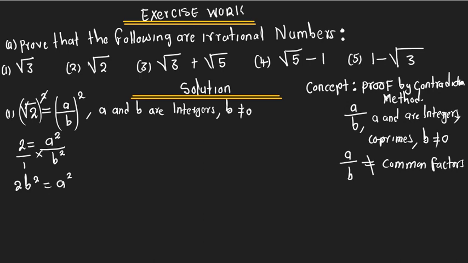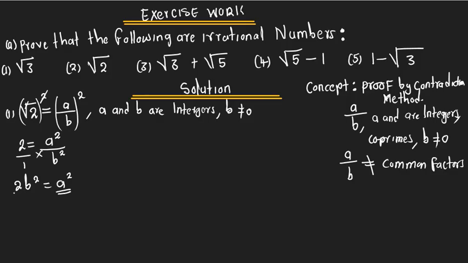Now notice that when we multiply b squared by a factor 2, we are getting a quantity a to the power 2.